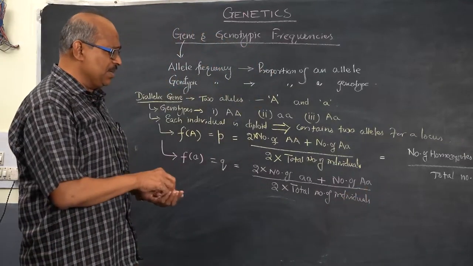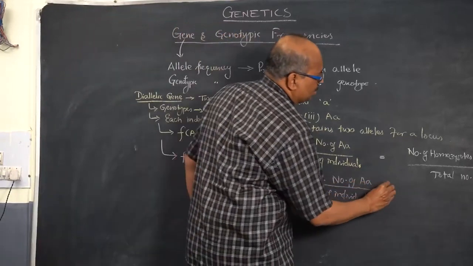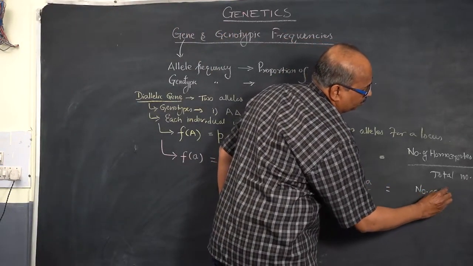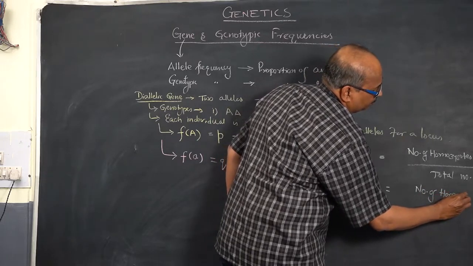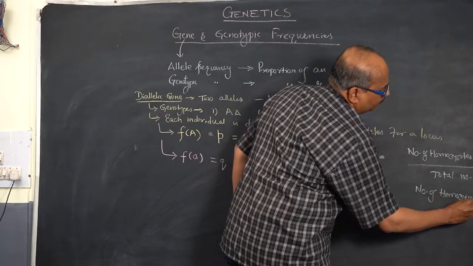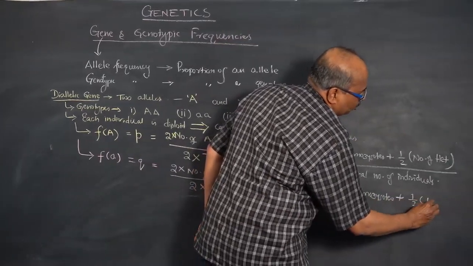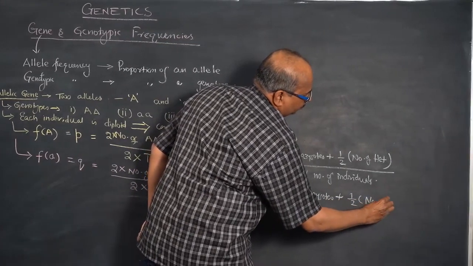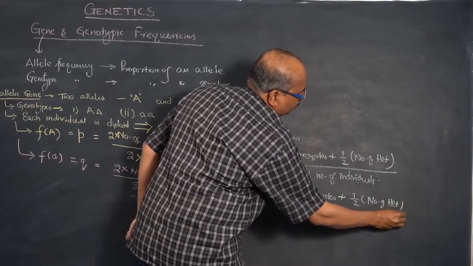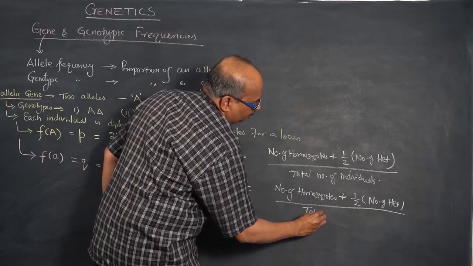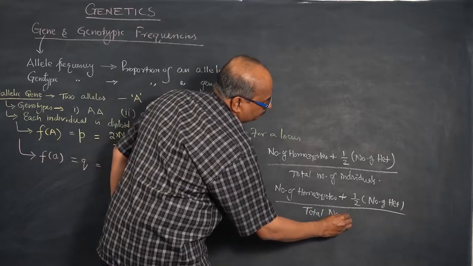This again we can simplify as number of homozygotes plus half the number of heterozygotes divided by total number of individuals.